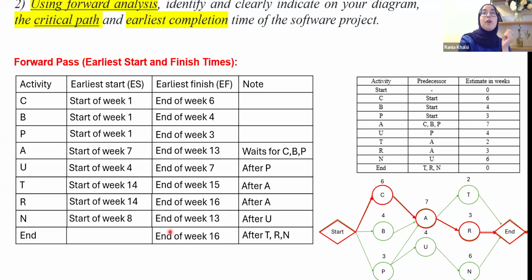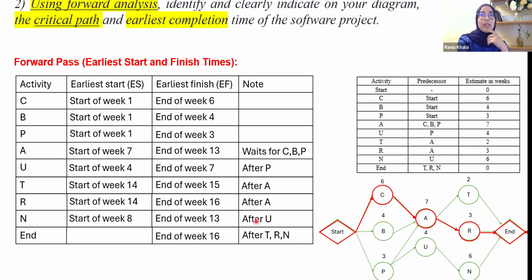So now we are performing this forward analysis, and you have this table of the forward path containing the earliest start and finish times.